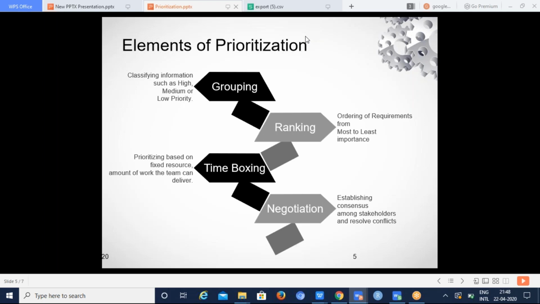Then the next item is time boxing. So we have grouped and we have ranked the requirements. How do we take the requirements? We have to analyze our team effort. We should know what's the strength of our team and what is the amount of work our team can deliver. Only if we have that estimation, we'll be able to rank and we'll be able to plan and keep the development going.